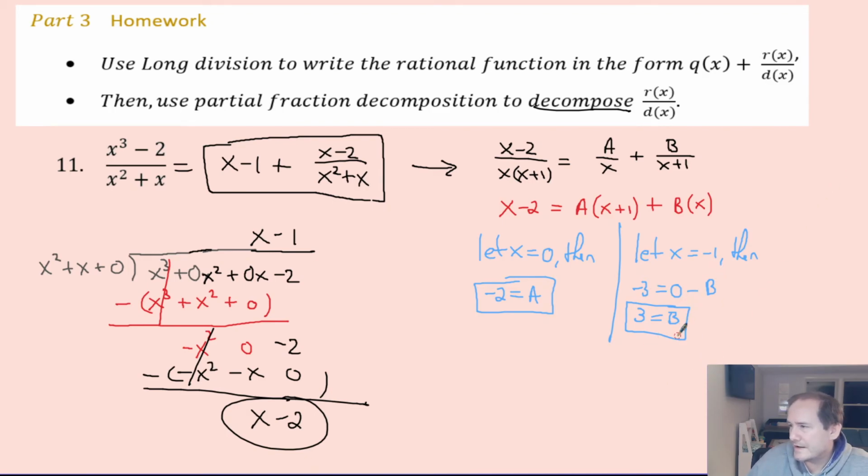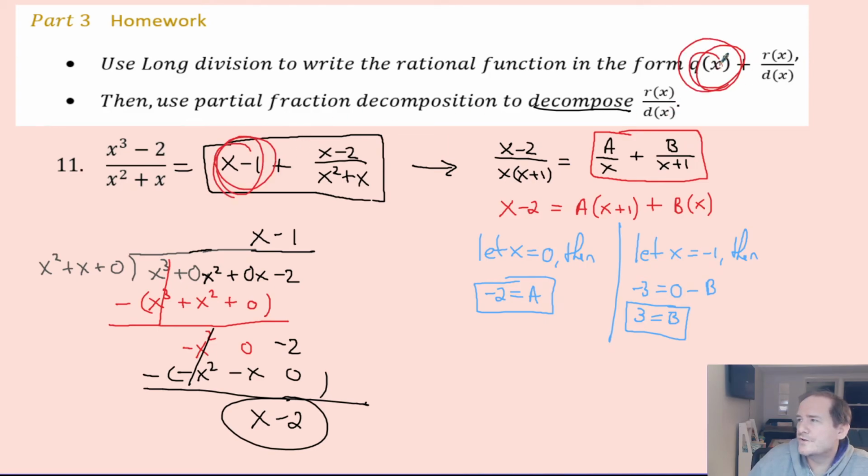So our final answer is going to be sort of a combination of this stuff with the a and b plugged in, but this stuff too, don't forget your quotient. So our final answer should be an x minus 1 plus this thing, but in its partial fractionally decomposed form.